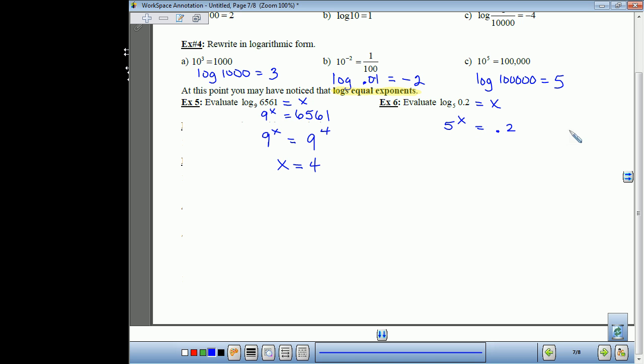Isn't this the same as 2/10? Isn't that how I'd read that? What does 2/10 reduce to? 1/5. So this is really 5 to the x equals 1/5. So it's 5 to the x equals 5 to the -1. X is -1.